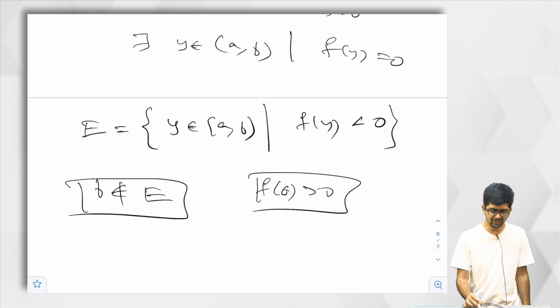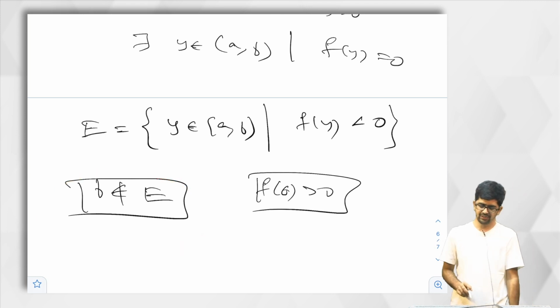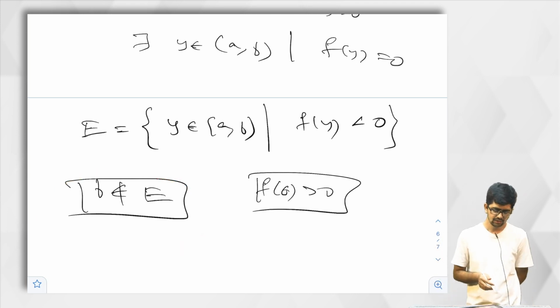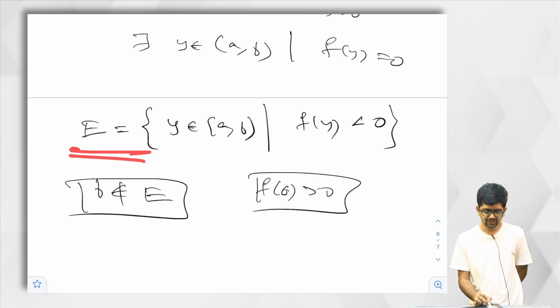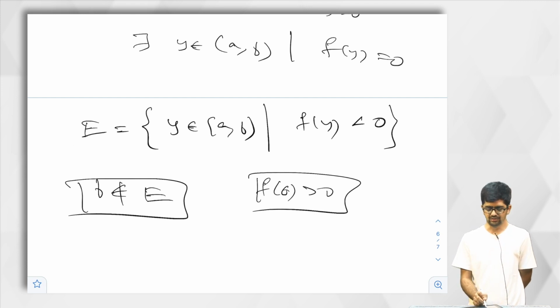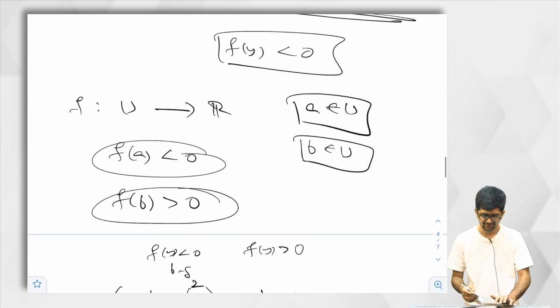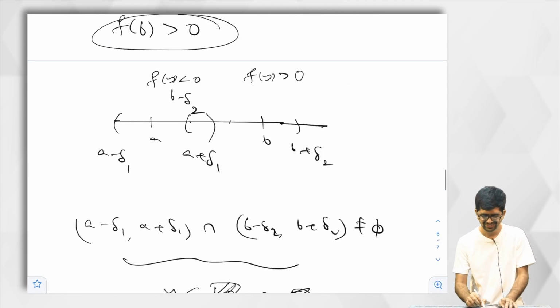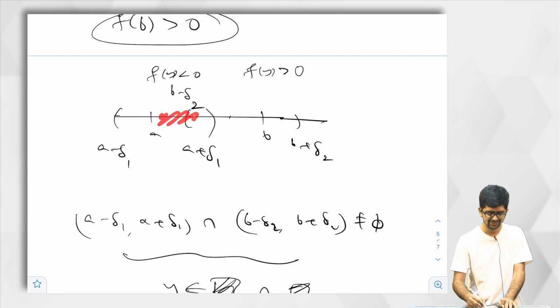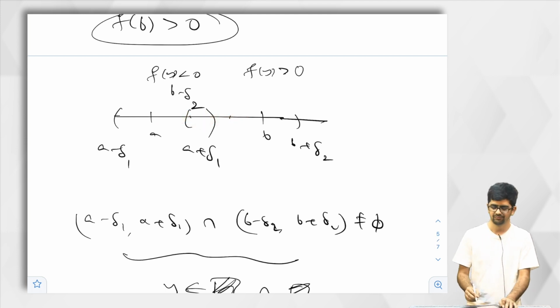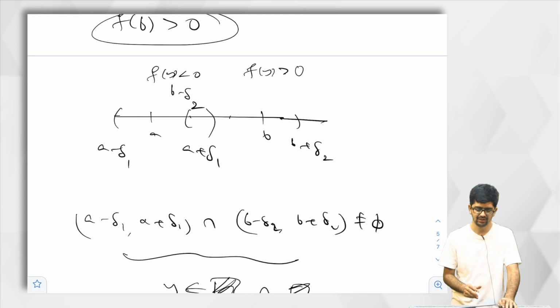So b is not an element of E, and what I can see is that E is bounded below by a, bounded above by b. Just now, as I said, whatever I am writing, E is a subset of this. b is excluded.